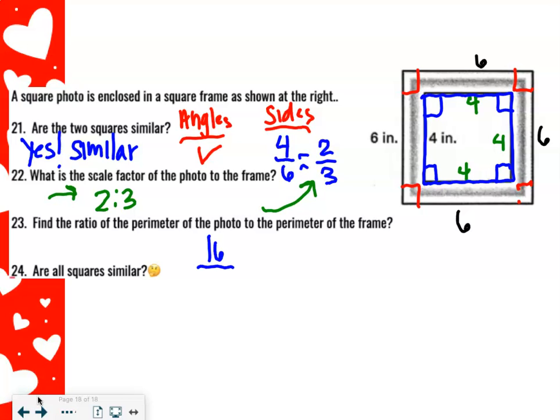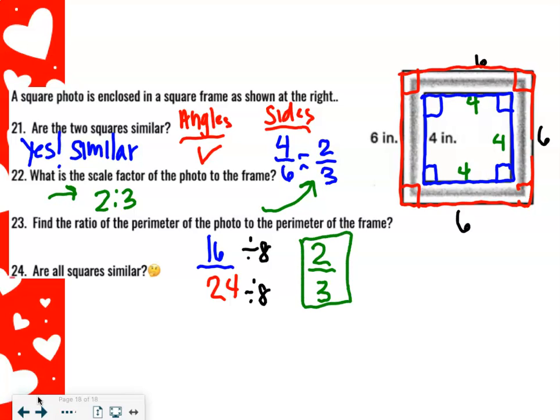And then if I go around the big one, 6 plus 6 plus 6 plus 6 would give me 24. 6, 12, 18, 24. Yeah, 24. Now if I reduce this, 8 goes into both of them. So our scale factor would be 16 divided by 8 is 2. 24 divided by 8 is 3. So you guys see how we indeed did get the same thing we did for our scale factor.